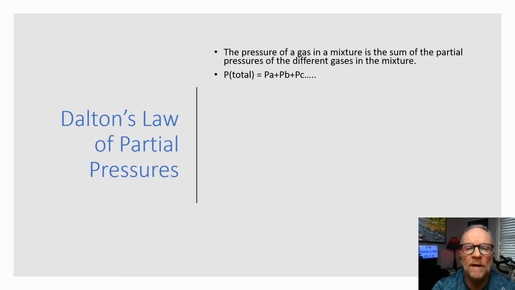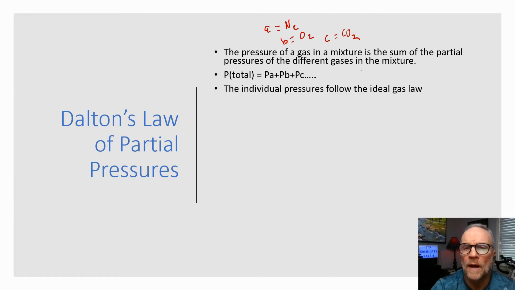And so that's what we have here in terms of notation. Here we have PA plus PB plus PC, and those are the partial pressures of gases. An example might be if A gas might be N2, B gas might be O2, and C gas might be carbon dioxide or something like that. So the pressures of each one of those in a mixture equals the total pressure of the gas. Pretty easy concept to think about.